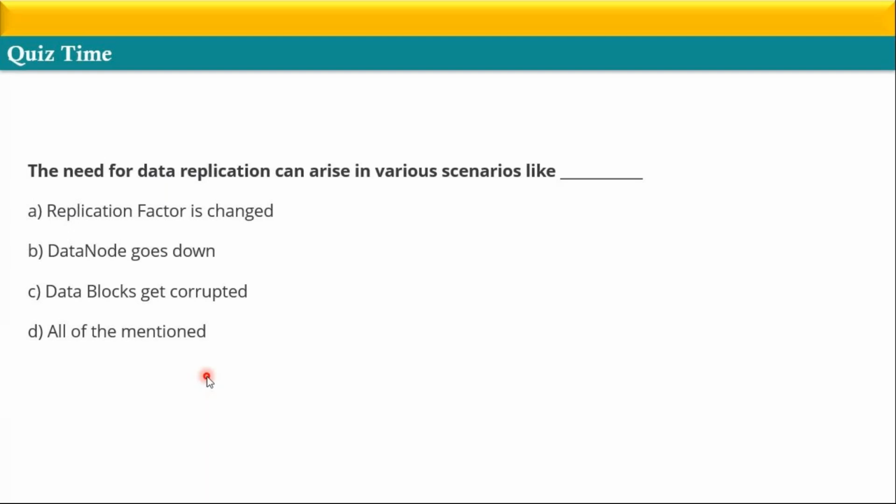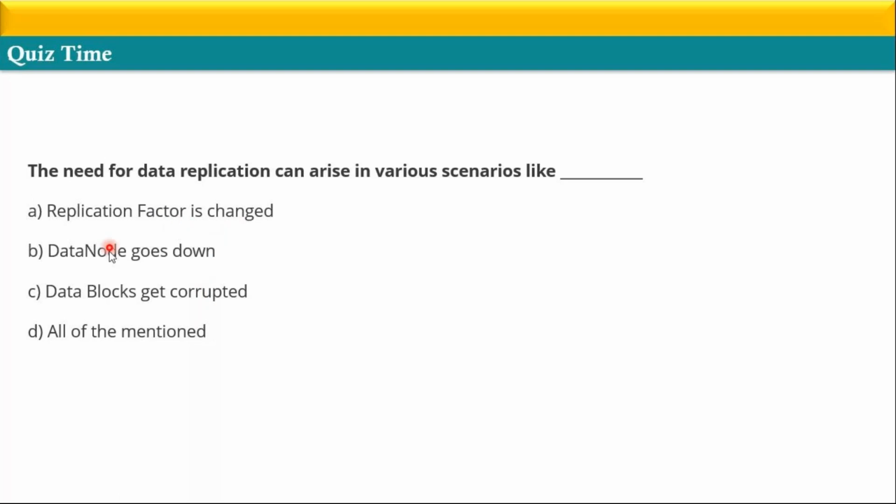Replication factor is meant to provide fault tolerance. If a particular data node is down or a file or a block is corrupted, and the block can be corrupted for certain reasons, like during the transmission of data, once it is transferred over the network, certain blocks may be corrupted.